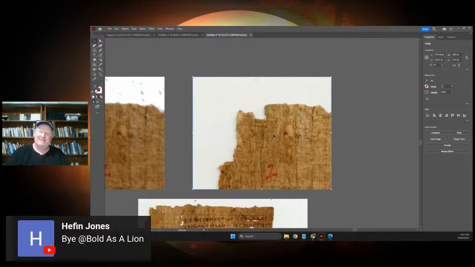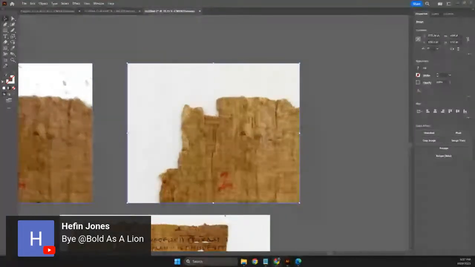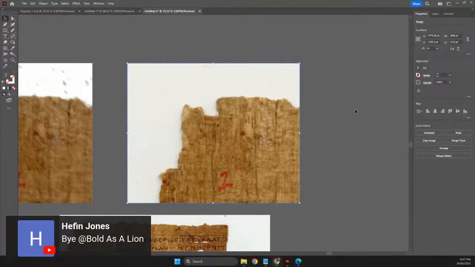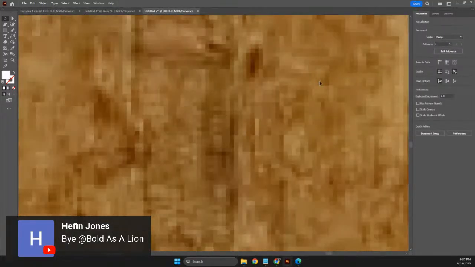I guess like what you guys are seeing now, I should actually make that as big as possible. And maybe if I zoom in, well, here we go. If I zoom in here, then you guys can see it. Because to me, that is absolute blur on my screen.